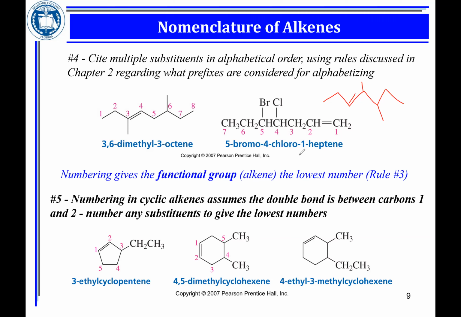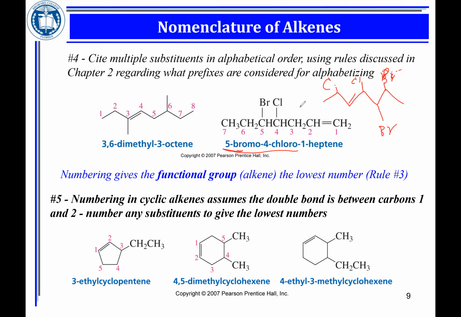No, for the prefixes, when you are putting the branches in alphabetic order, you do not use prefixes. So let me draw it: I'm going to put the Br and another Br, and I put here a chlorine and a methyl group.